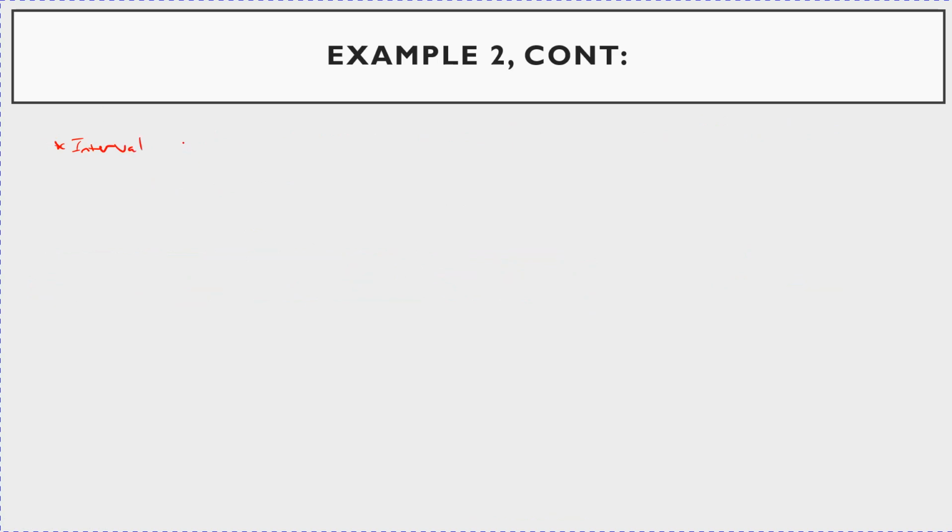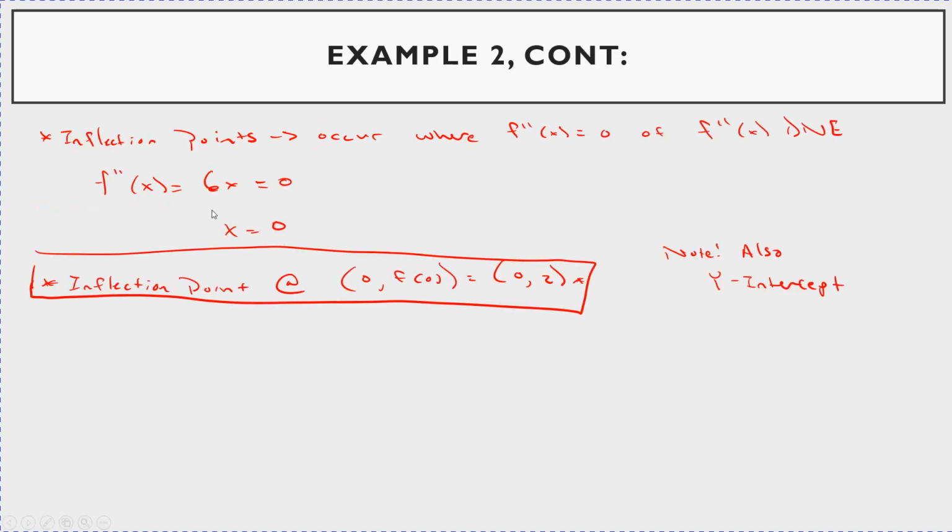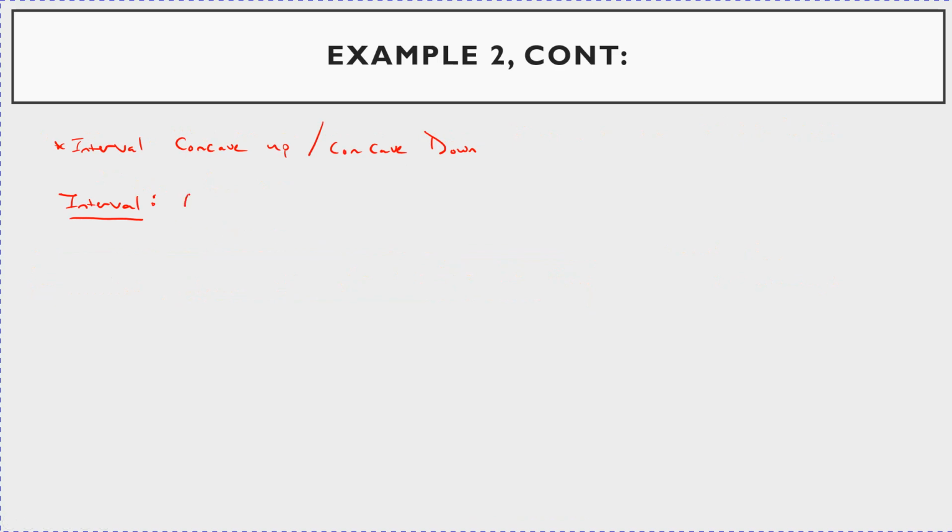So you set up that table with the interval, concave up or concave down. You use this value where the second derivative is equal to 0 to carve up the number line. So you go from negative infinity to 0, and then the next interval picks right up, 0 to infinity.